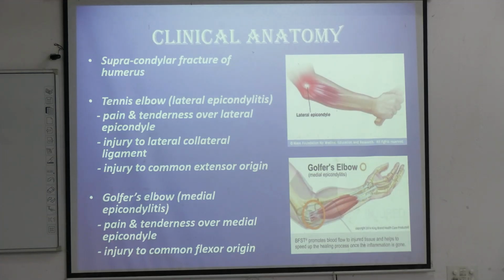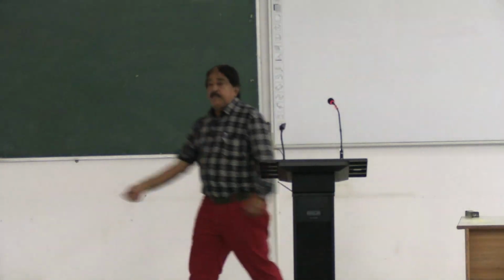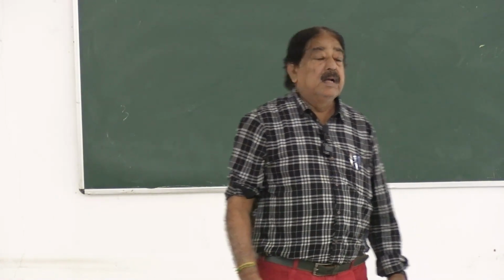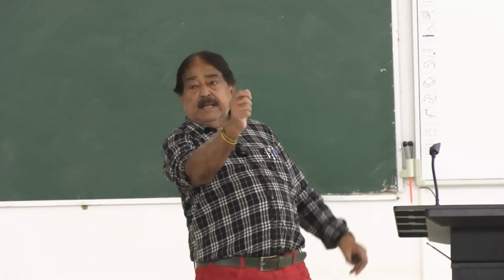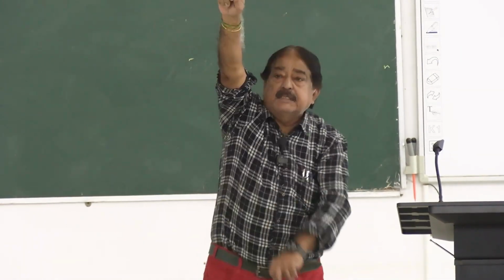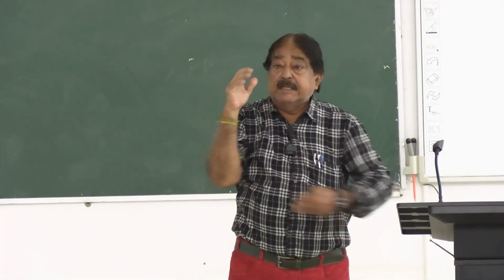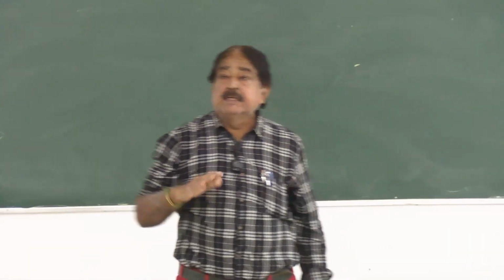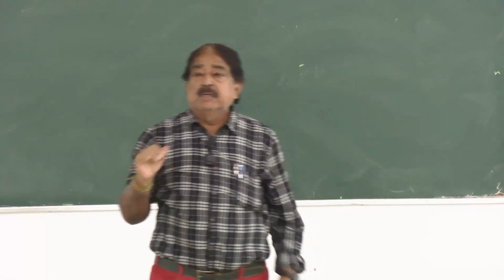Now you see why it is called tennis elbow. Those who play tennis give a shot, or jump like this, so there is hyperextension of the joint, repeatedly.